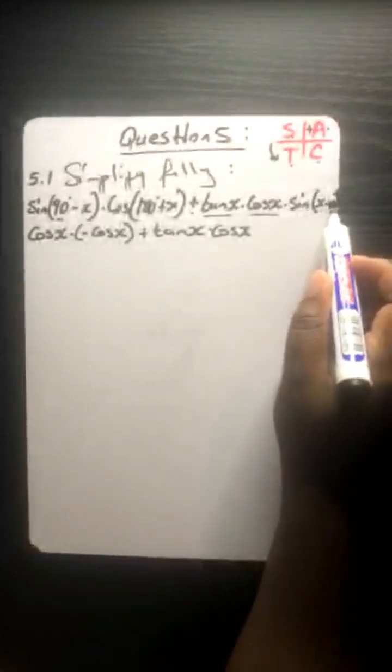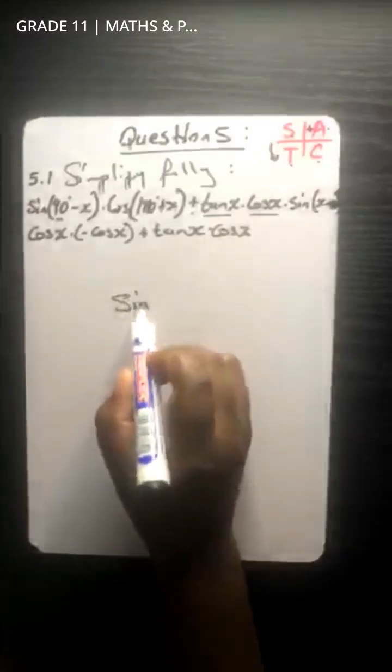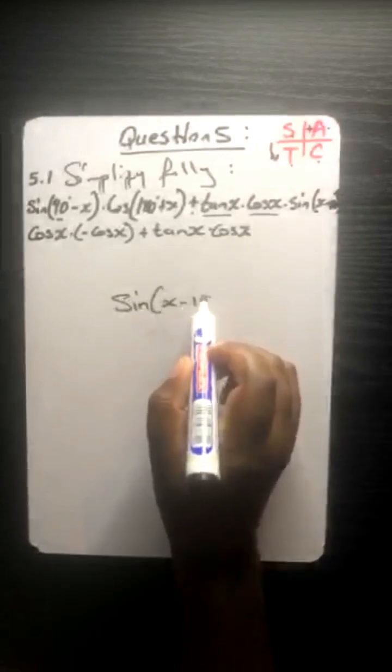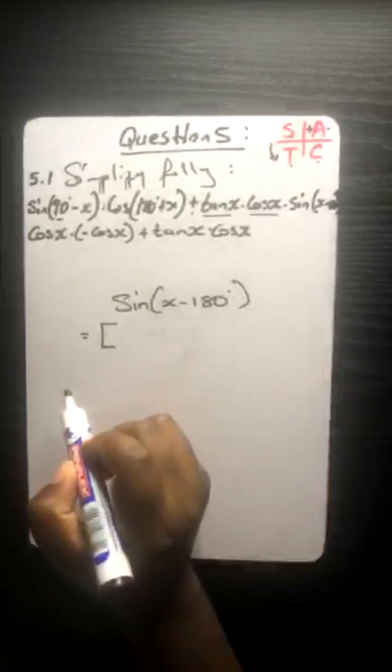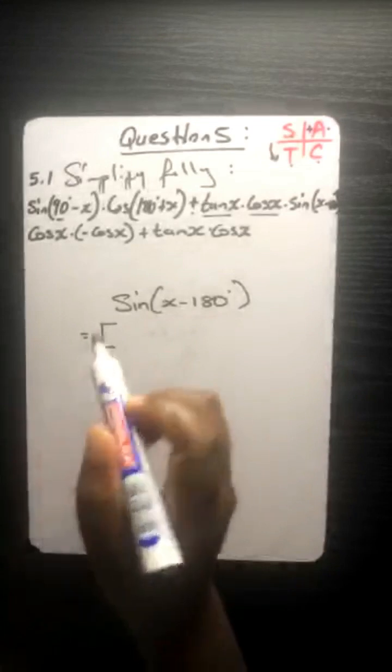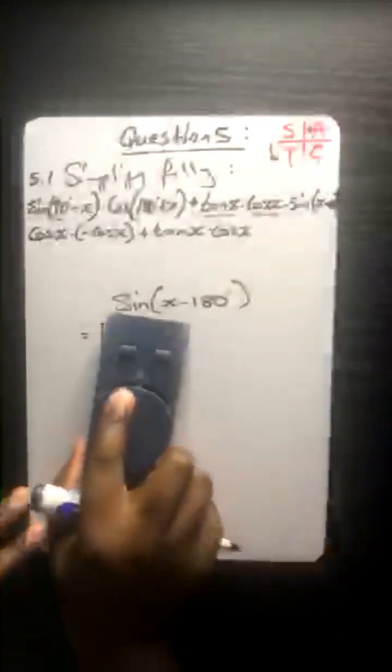Let's see, what about this one of sine of x minus 180 degrees? If I remember, we said let's try to rewrite it nicely, such that we are having 180 either minus or plus.